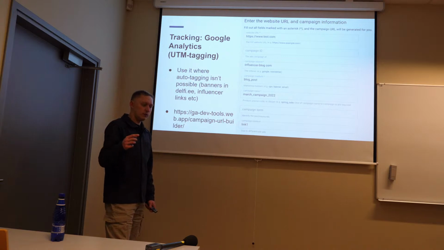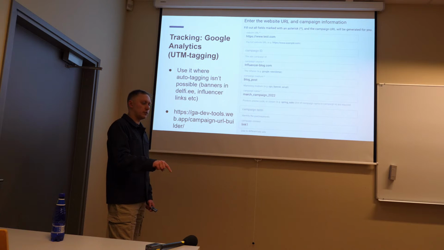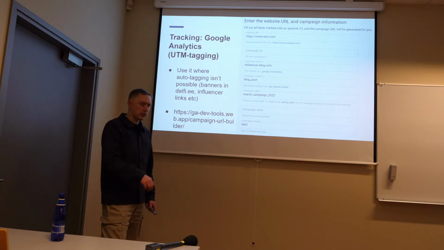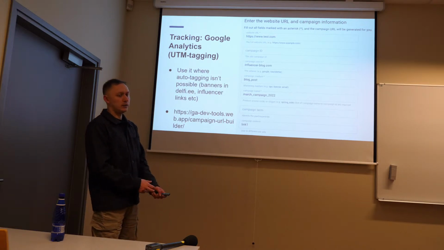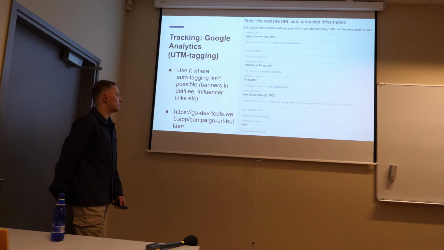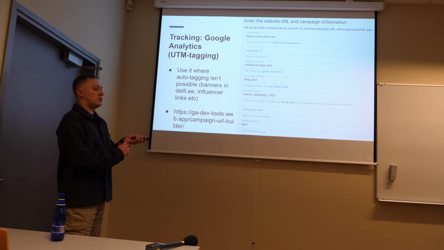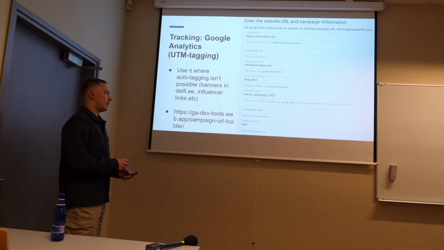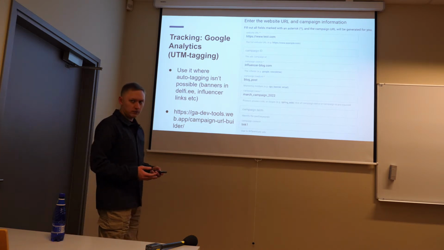So whenever a user clicks on your ad or a link in your newsletter, it's automatically tagged, and Google Analytics can read the data from these links, and you can track your marketing. But it is usually not the case for referral traffic.